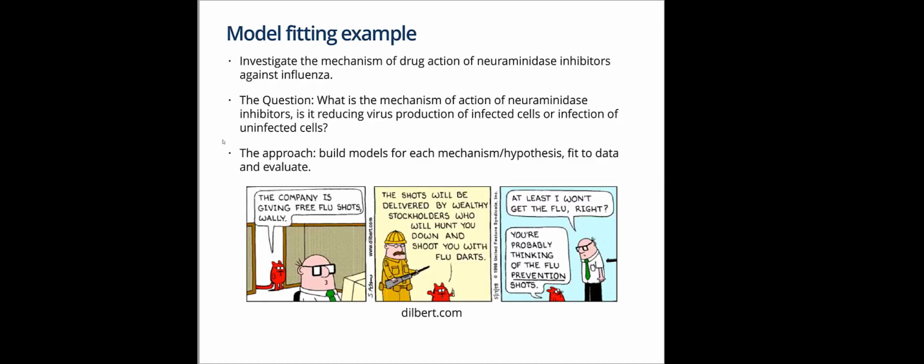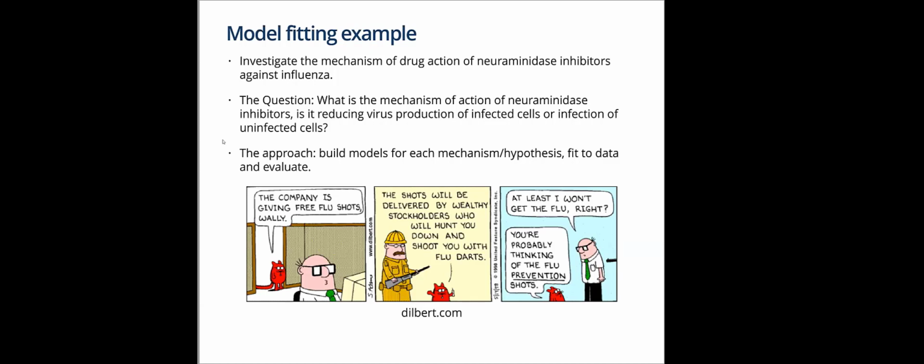So I'll walk through an example. It might be the easiest way to grasp that idea. This is for a drug. In this case, it's for flu, neuraminidase inhibitors against flu. But this is very general, just an example. And the question here is, what is the mechanism of action of that drug? We can postulate two, based on what we know about how the drug works.